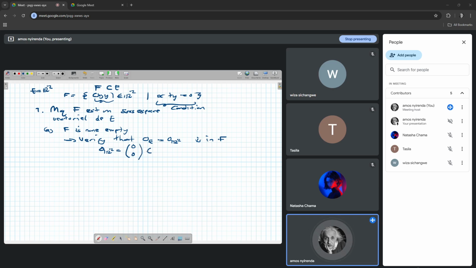Now, is this element a member of the set F? According to you, what do you think? Is this vector 0, 0 a member of the set F? And then justify your answer.